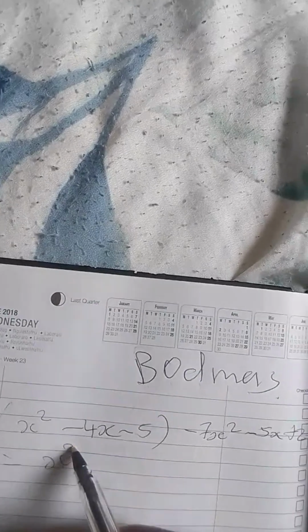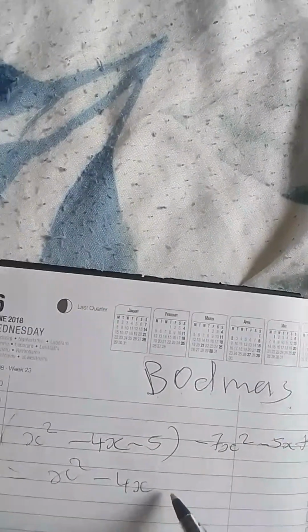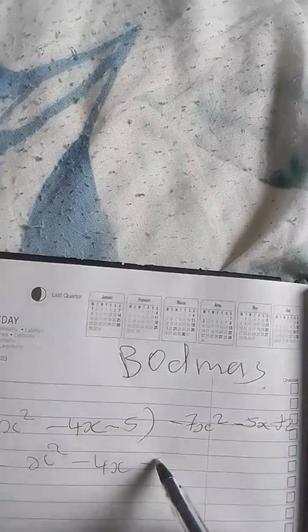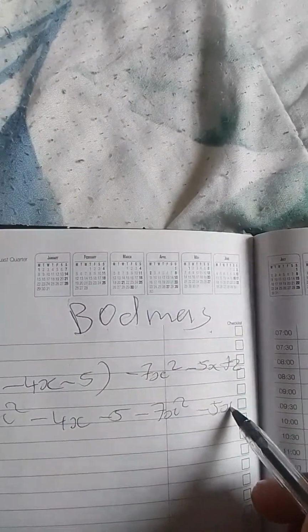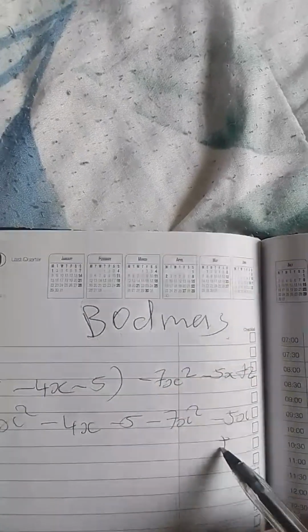Then you rewrite it like this: x squared minus 4x minus 7x squared minus 5x plus 2.